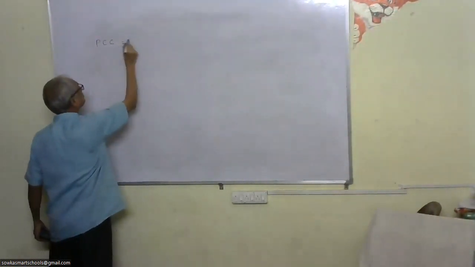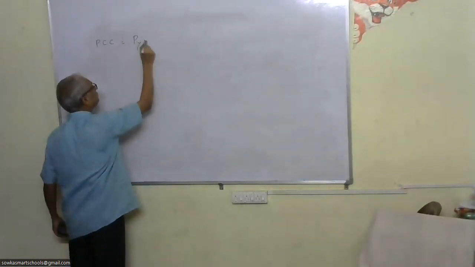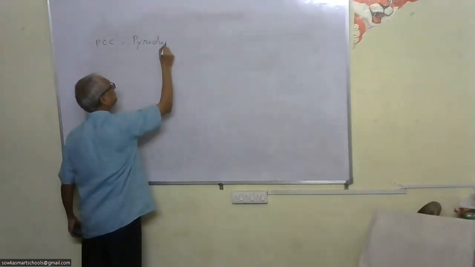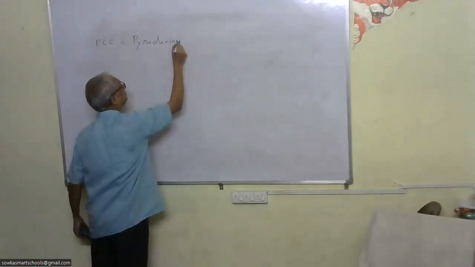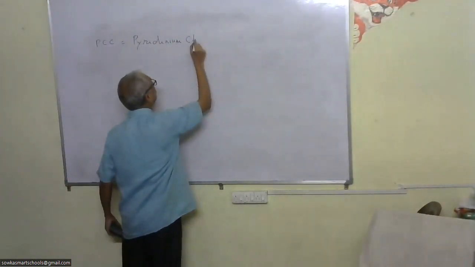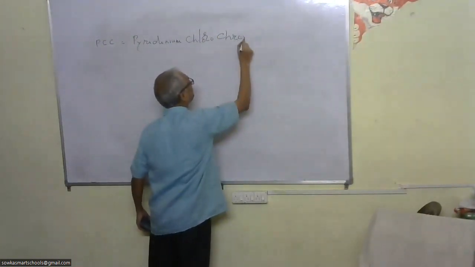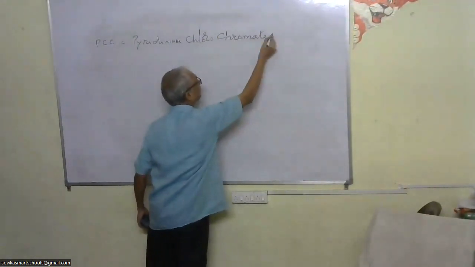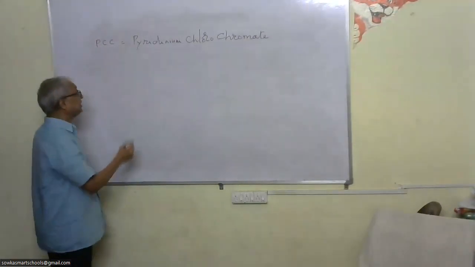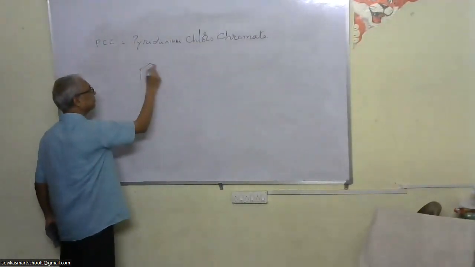PCC, its full form is pyridinium chlorochromate. Its structure is like this.